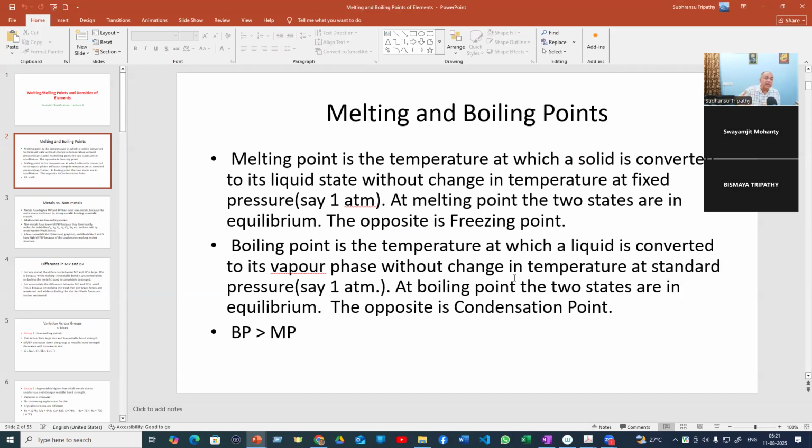Boiling point is the temperature at which a liquid state is converted to vapor state, at a constant pressure, say 1 atmosphere. If you change the pressure, then the boiling point will be more or less. More the external pressure, the boiling point will become more. Therefore, cooking in a pressure cooker, we have high boiling point because the pressure develops much more, as the valve doesn't open unless a particular optimum pressure is given to that valve.